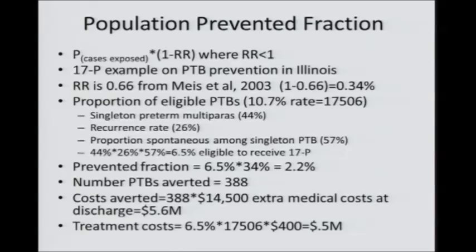Okay. So the singleton preterm among those who've had previous births, those would be potentially eligible. And it's saying that recurrence rate is that 26% of them would recur or are recurrent. So what fraction of those could you have prevented?